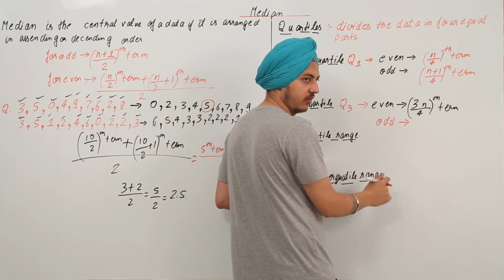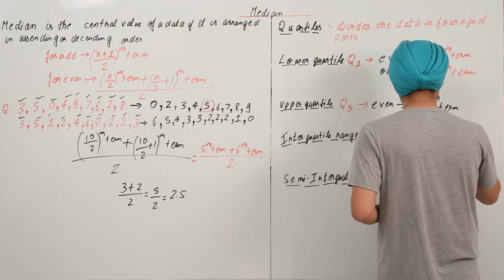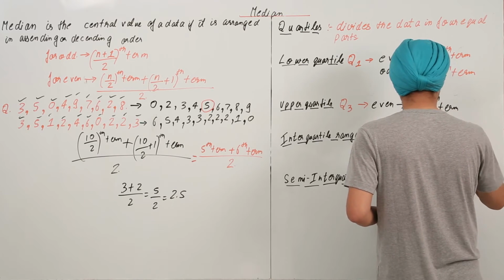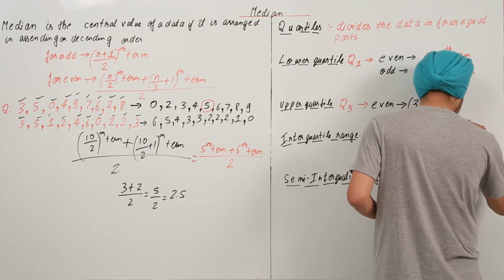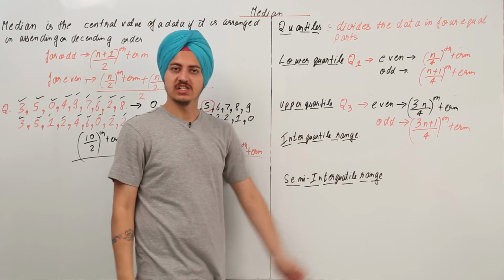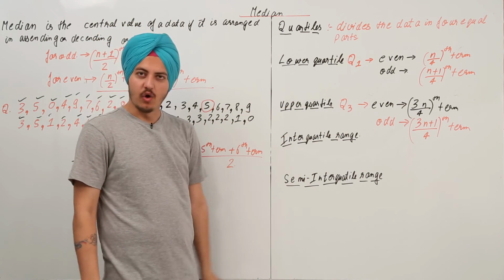If you're looking over there, look here and tell me what would this be. This would be the 3 into n plus 1 divided by 4th term. Right? So this is the upper and the lower quartile for even and odd numbers.